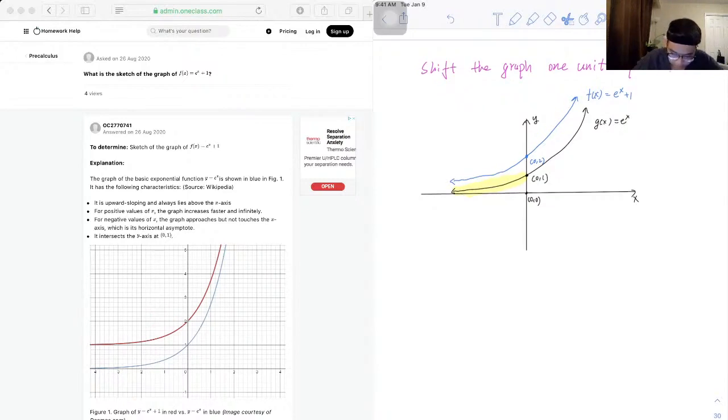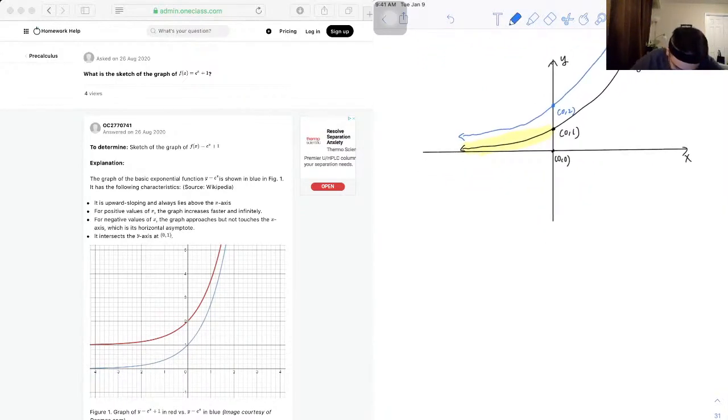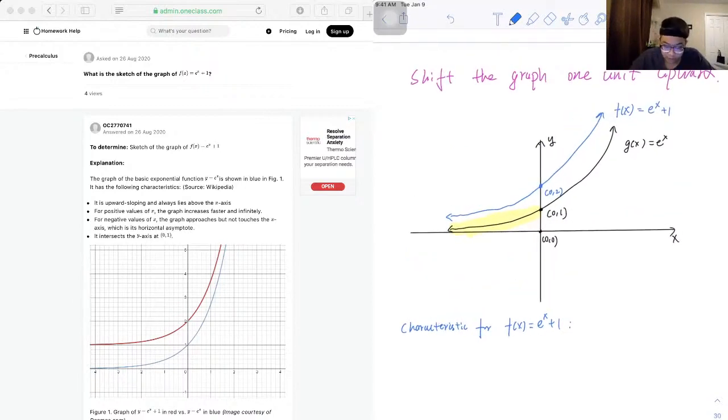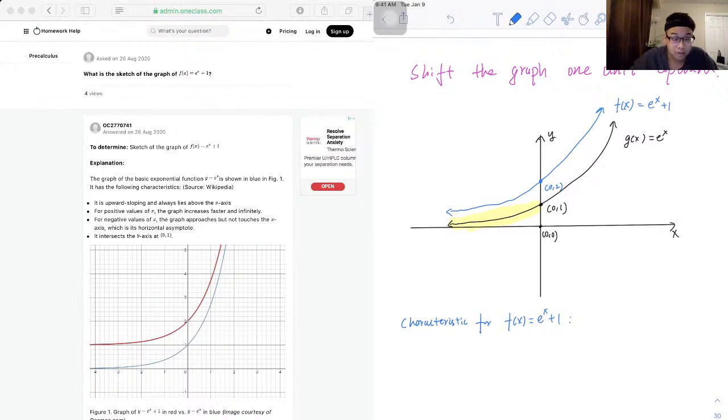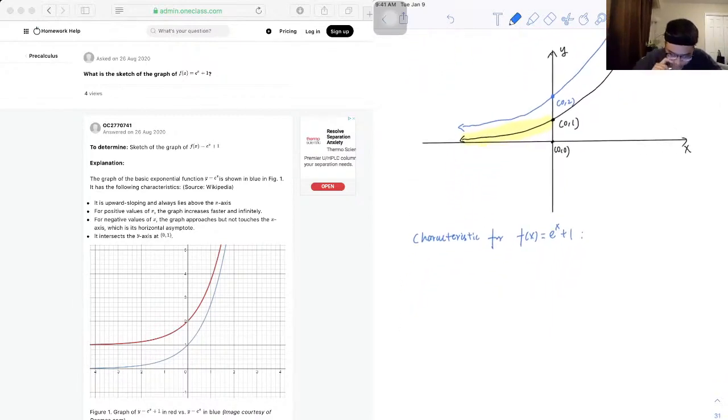And let's talk about the characteristics for f(x). So the characteristics for f(x) is equal to e^x plus 1. It is quite similar to the characteristics for g(x), but there are some minor changes.